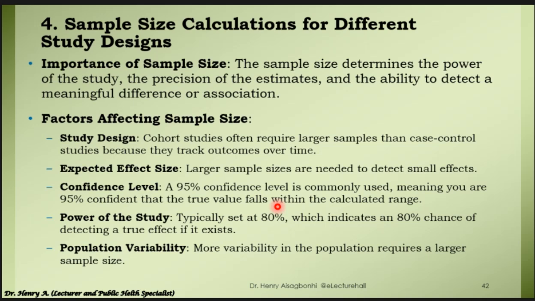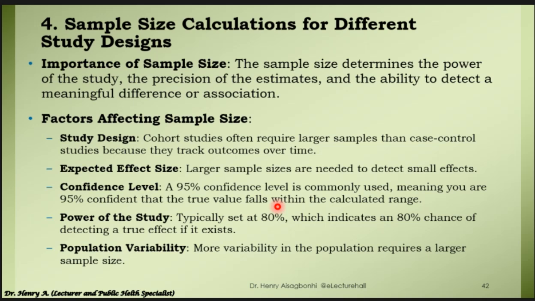And how do you calculate? You know the total population, and based on the total population, you check out for one, your confidence level, where you need a 95% confidence level to be able to say, okay, this is the true value that I intend to use within this calculated range.